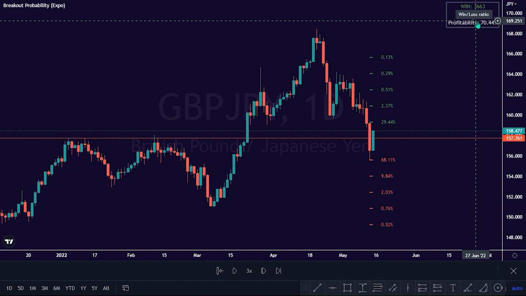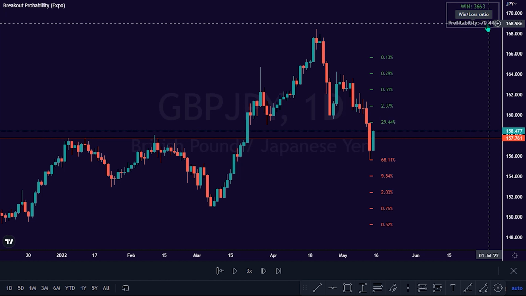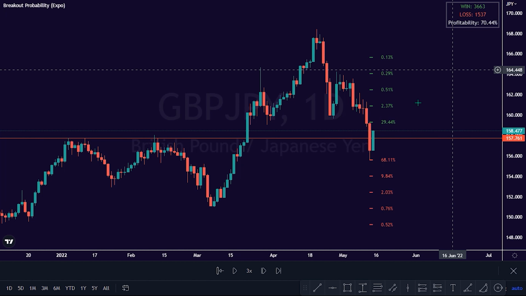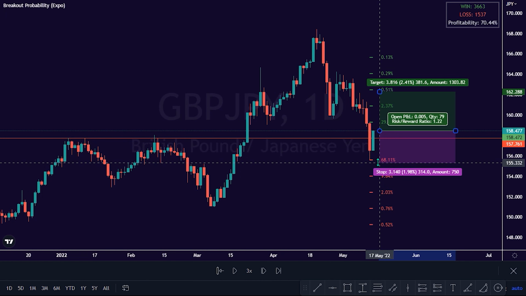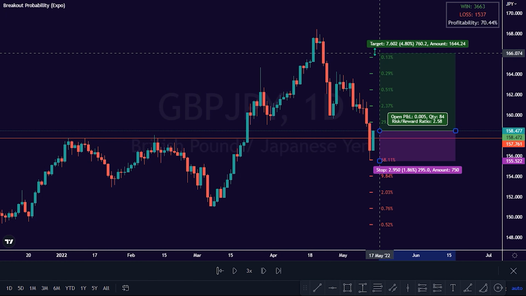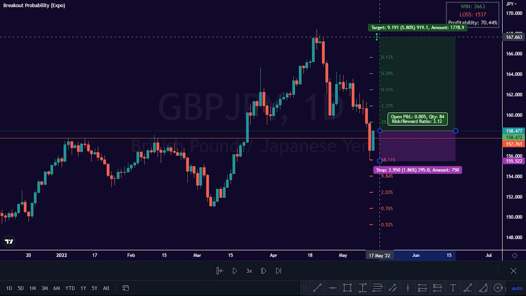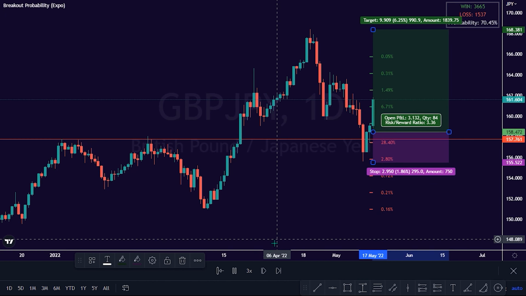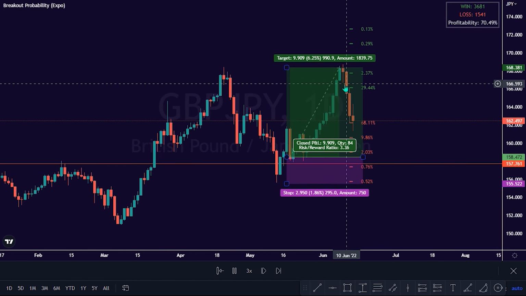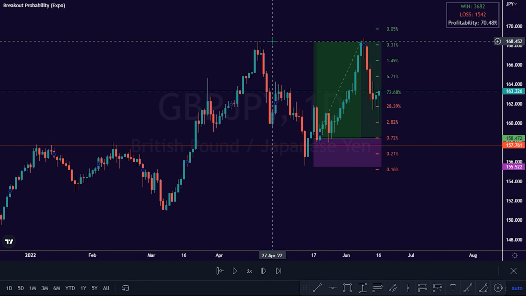And the profitability ratio is 70.44%. Traders can proceed to buy this setup. Since the daily time frame breakout probability ratio aligns with the weekly time frame ratio, we can see how prices proceeded upward to hit the previously higher swing.